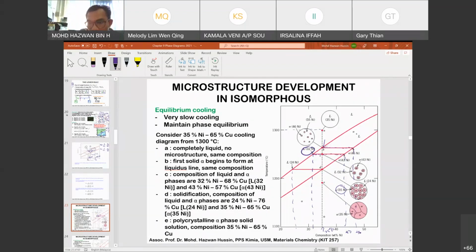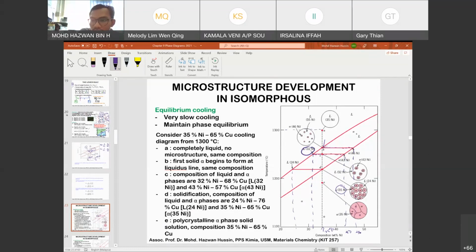And finally, you have point E. Point E will be totally 100% solid. The microstructure will form a so-called polycrystalline alpha phase, with the composition of nickel equal to 35%.